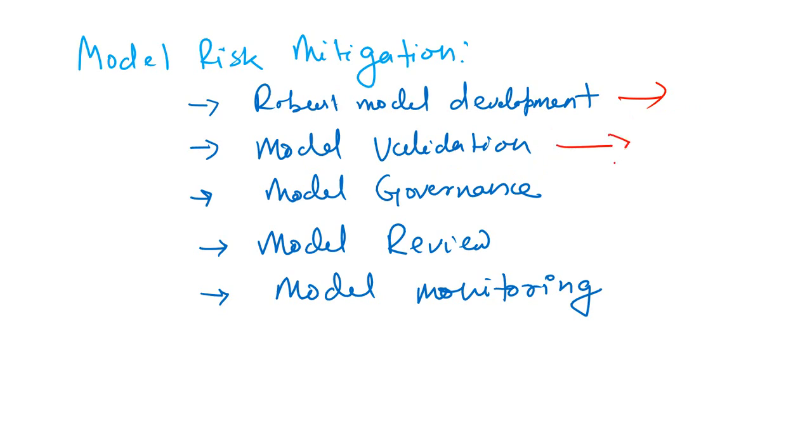Model validations, and we will talk in detail about model validation in this section. Model validation is nothing but testing your model, or checking whether the model developers have done a good job or not. So model validators normally look into the details of model development, documentation, data, data quality and all, and they point out where exactly the mistakes are in the model.